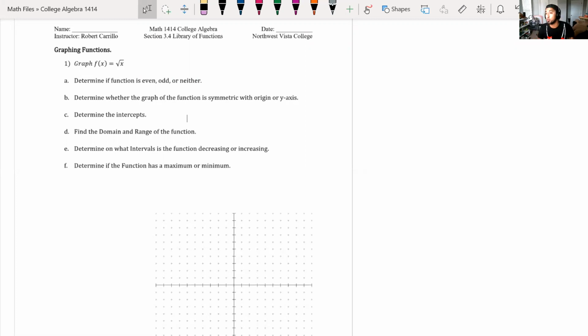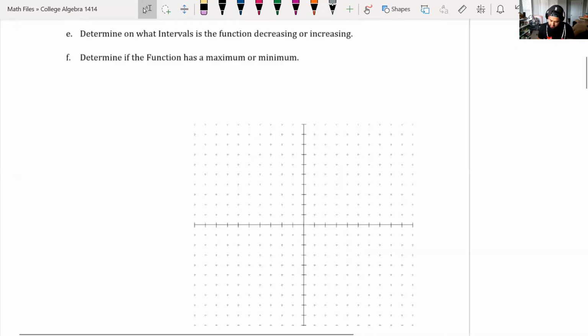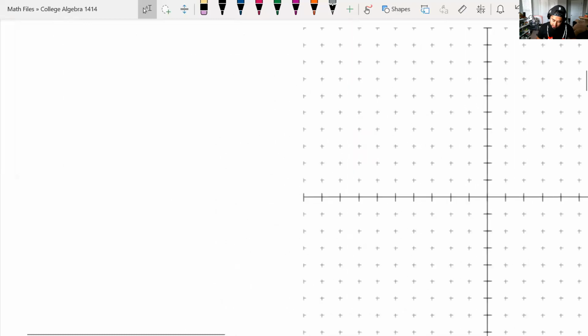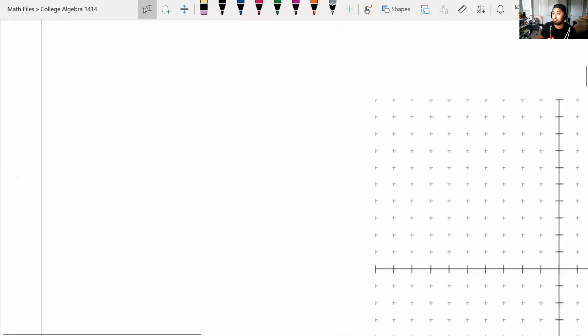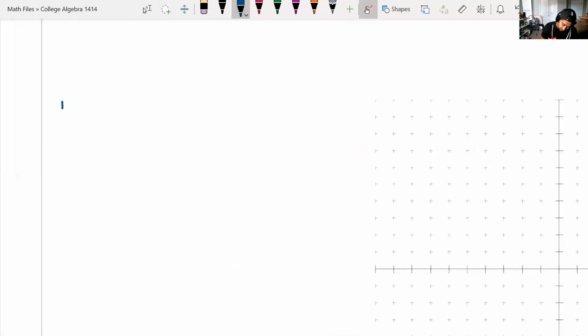We are given the square root of x. So let's go ahead and graph it. And the easiest way to graph a function is to pick points. So that's what we're going to do. We are given f of x equals the square root of x.